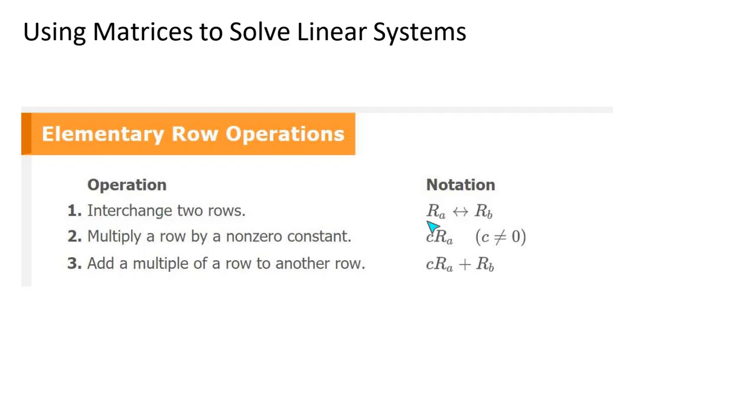So for example, here, we're just switching row A with row B. The second operation is that we can multiply any row by a non-zero constant. So here I'm multiplying C times row A. And then the last one is we can add 2 rows together. So I can add this row plus this second row.